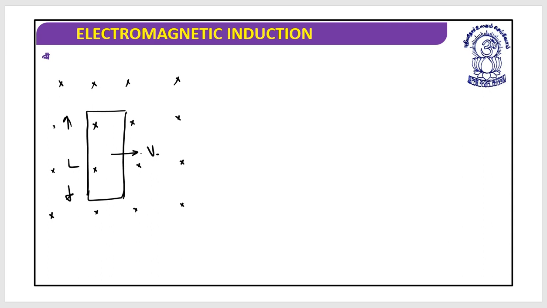Now if this rod is made up of so many charges and it is moving, then according to the theory, we have a magnetic force which can be written as q into (v cross B). This is the magnetic force.